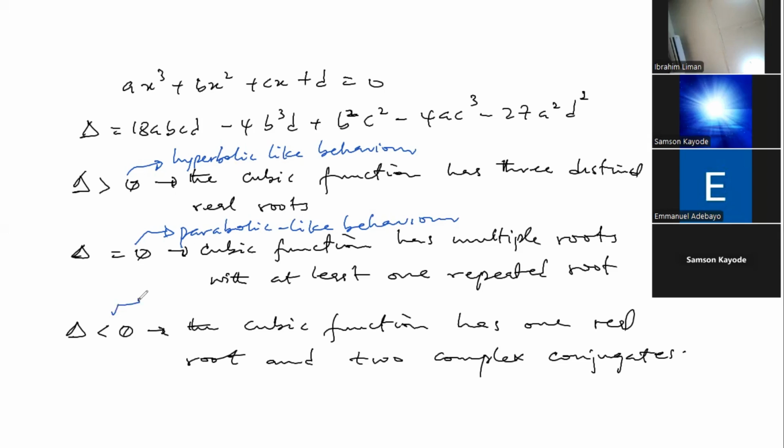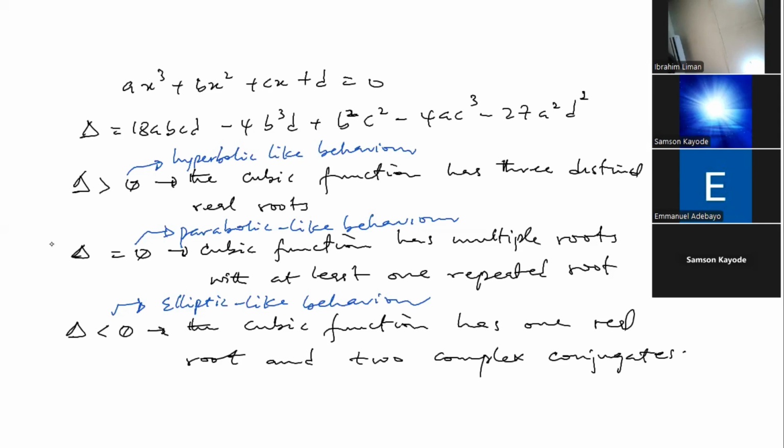And when it is less than 0, we are dealing with some elliptic-like behavior. So when we now have the hyperbolic-like behavior, it means that the characteristic equation has three distinct roots. So the partial differential equation will now have three real characteristic directions. Now, this simply means that information propagates along three independent wavefronts. That's what it means, okay?